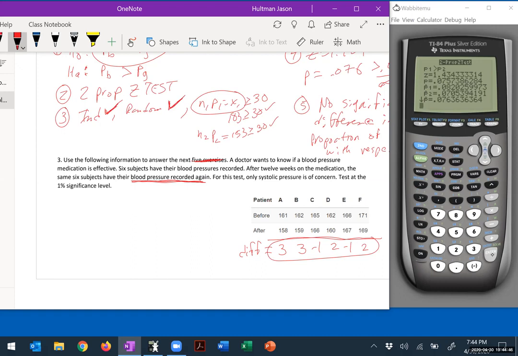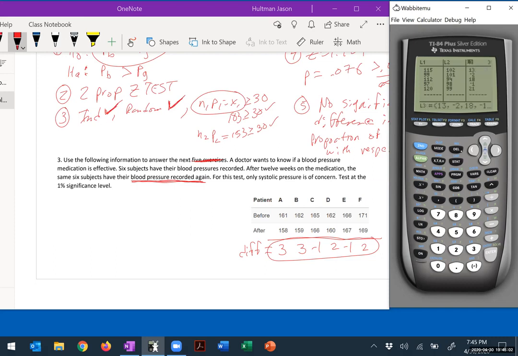So once again, I'm just going to plug this data into my calculator. I'm going to hit stats. I'm not going to have the calculator calculate the differences for me this time. I already did that.